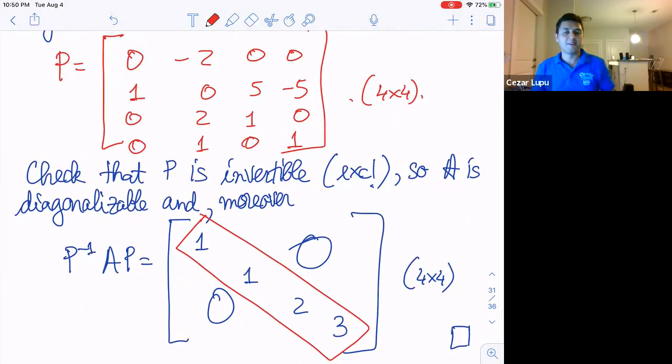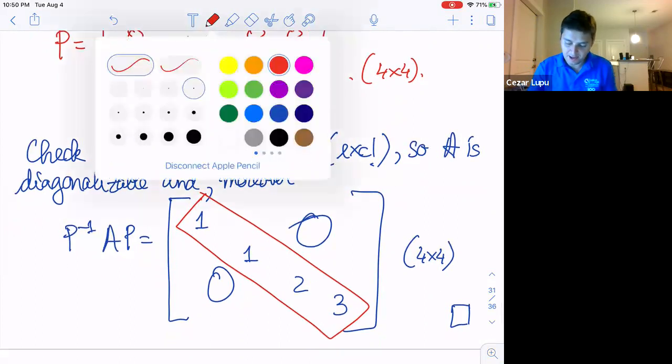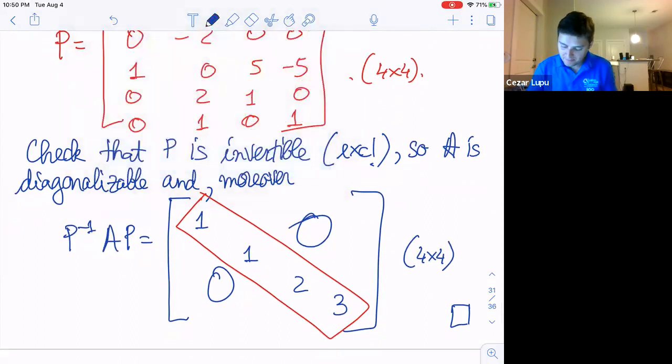And guess what? These are exactly the eigenvalues that we have already found. So this is the diagonal matrix. Let's call this D. It's a 4x4. Like I said, the elements on the main diagonal are the eigenvalues of A.